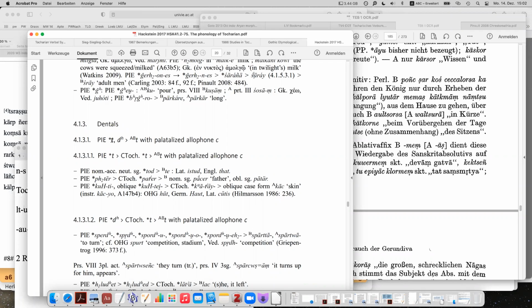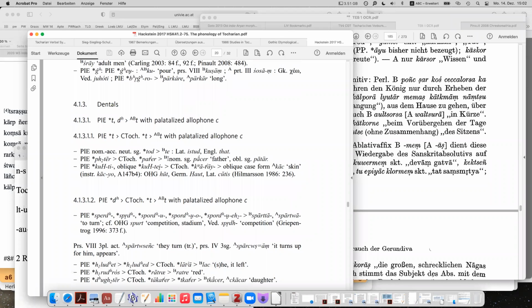And in Tocharian, t and dr all become t. If it is palatalized, it becomes a ch. So we also mentioned the example of kinship nouns like father, which is called pacher or pachar in Tocharian.